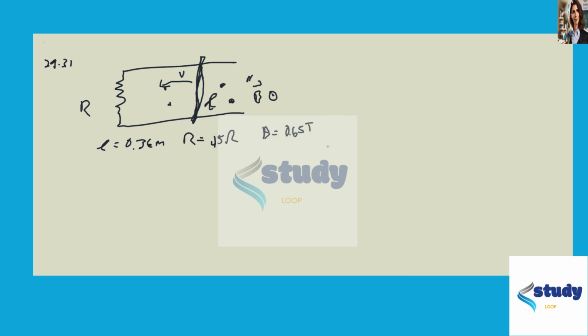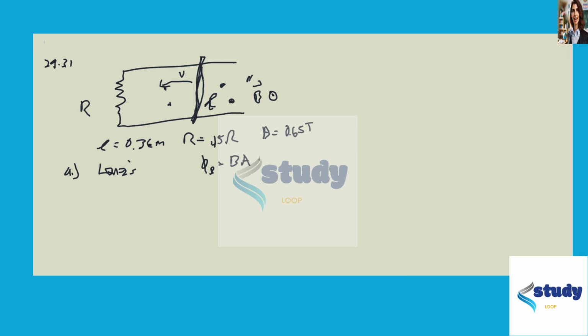Okay, so we want to figure out the direction of the induced current in the circuit. To do that, we use Lenz's law, which says the induced current produces a B field that opposes the change in magnetic flux. So let's look at this flux for a second. We know the magnetic flux is the B field times the area.